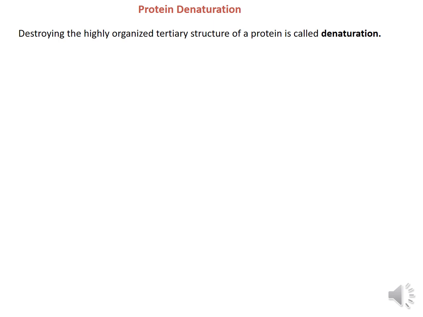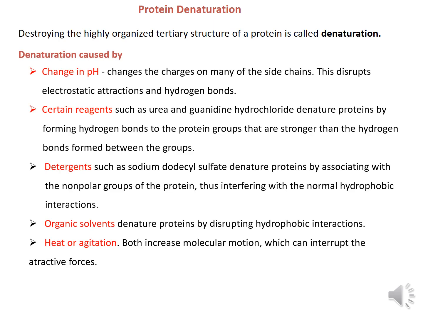There are several other factors apart from these. Changing the pH changes the charges available on the side chains, which disrupts the electrostatic attractions and hydrogen bonding. Certain reagents also influence denaturation.